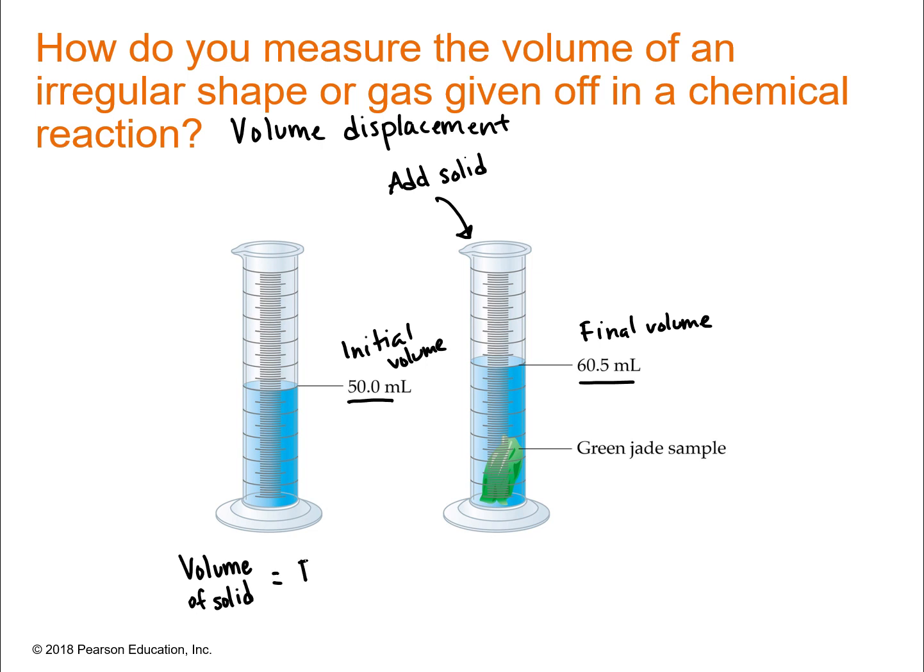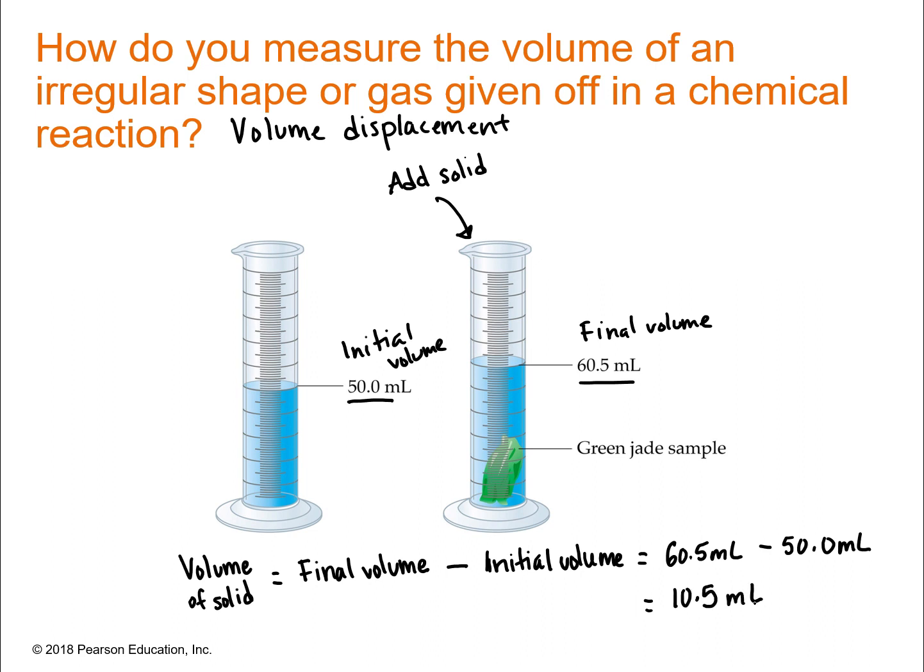And that volume is the final volume minus the initial. In this case, we have 60.5 milliliters minus 50 milliliters. So that's 10.5 milliliters.